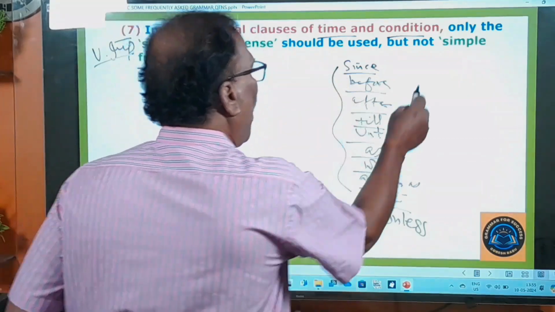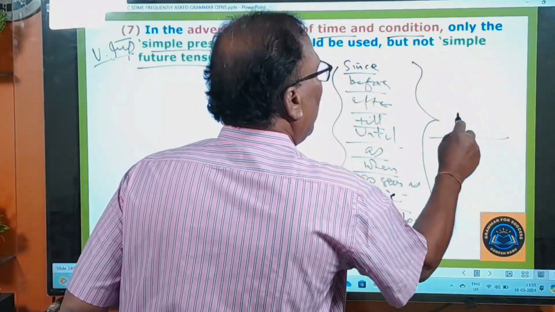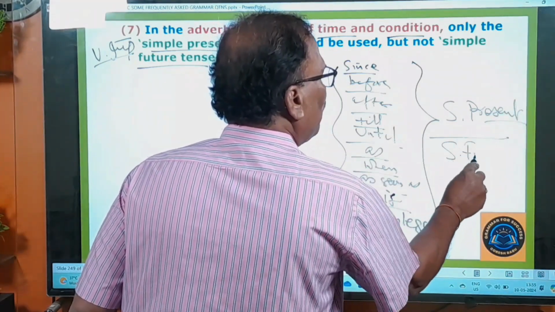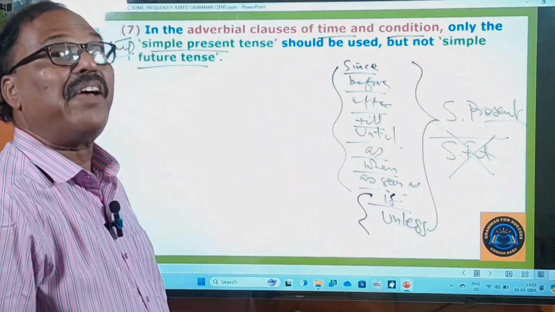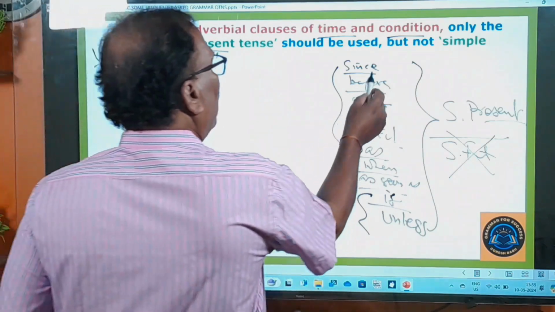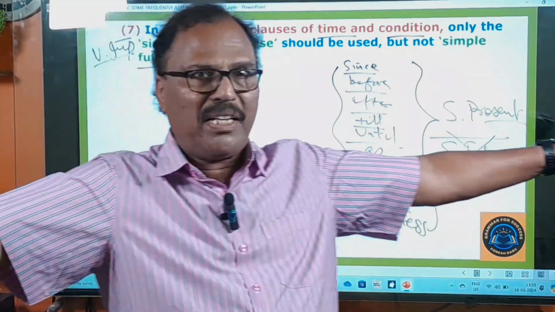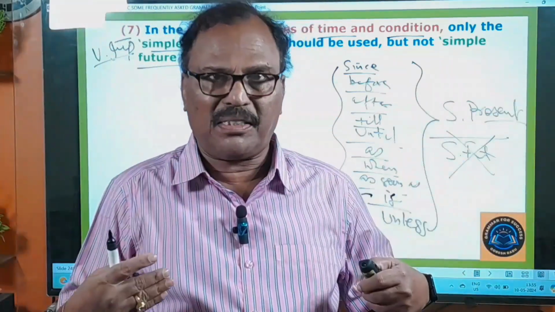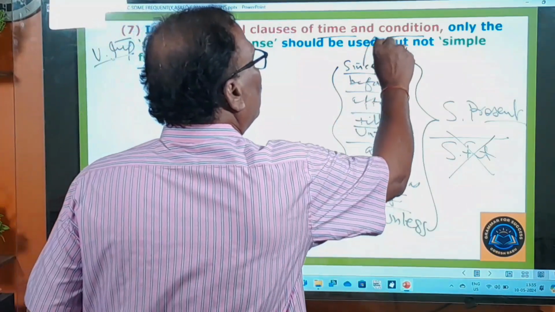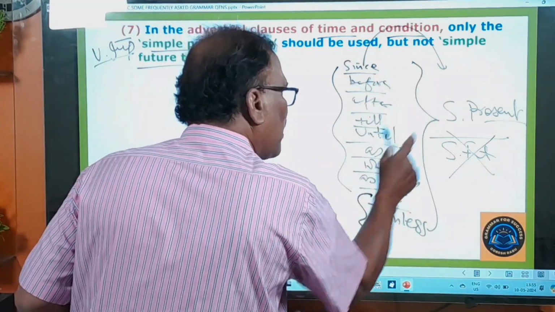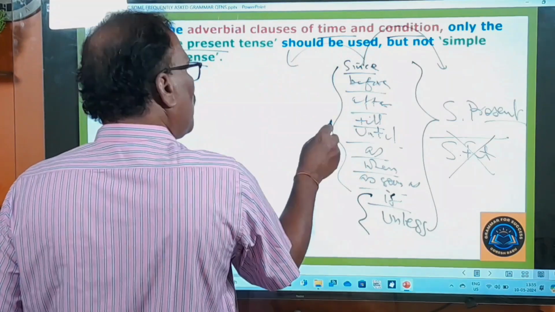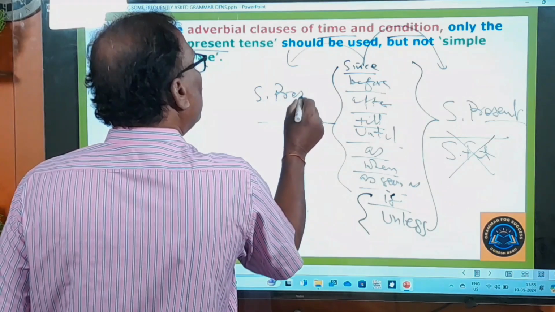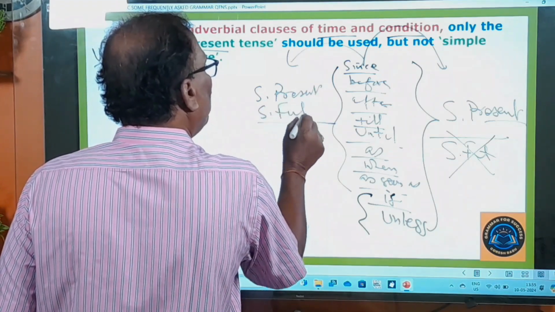Whatever it is, after these conjunctions there must be used only simple present, not simple future, when some condition is there. These are all conjunctions, meaning there must be two parts in that sentence: the part before the conjunction and the part after it.